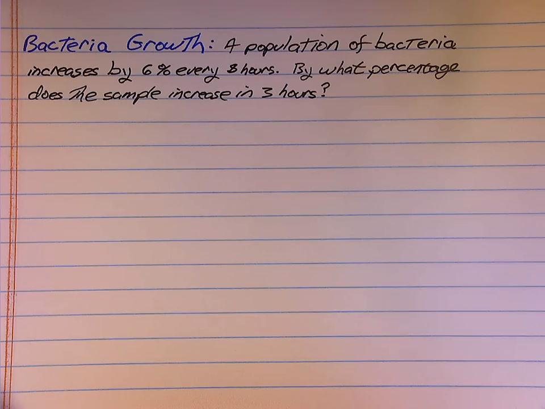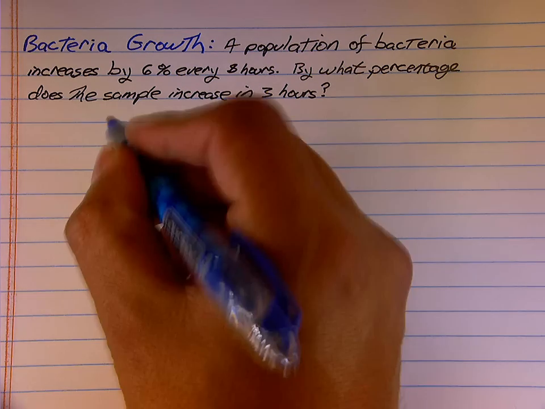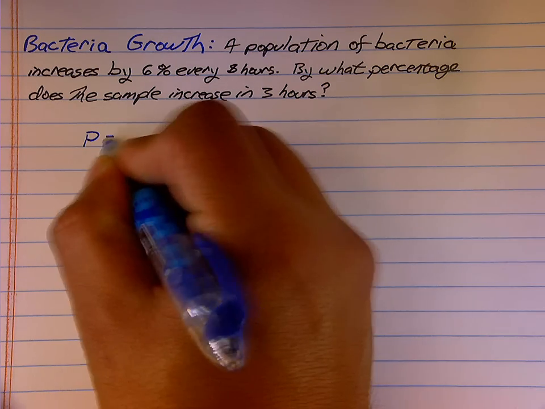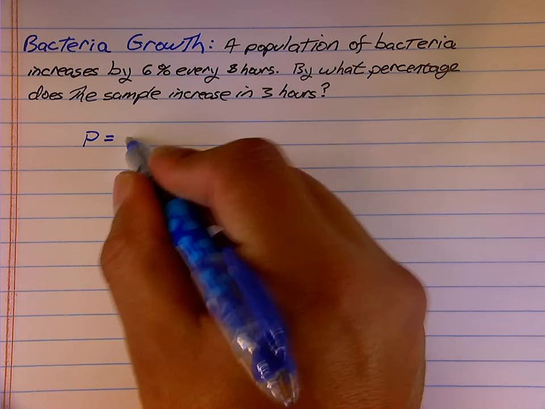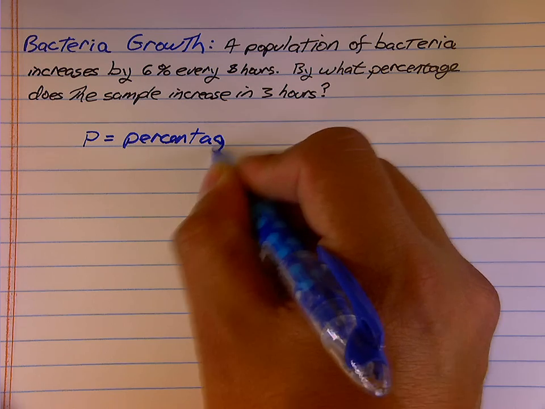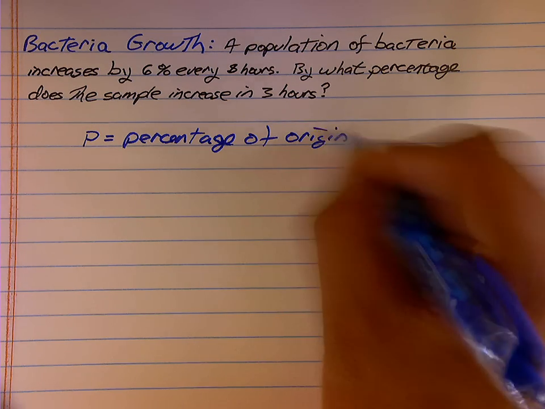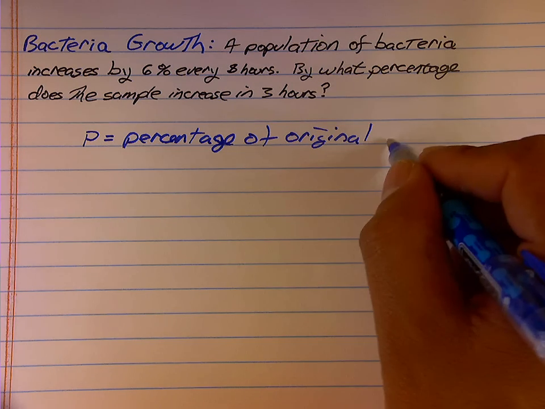Now, we're looking at a population, and we're going to describe our population in terms of percentages. So I'm just going to allow my population of bacteria to be a percentage. So P is going to be the percentage of original population.